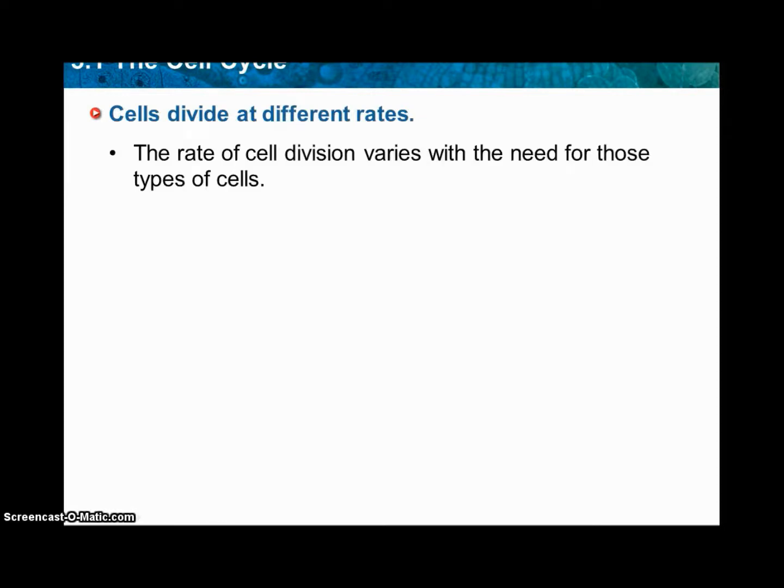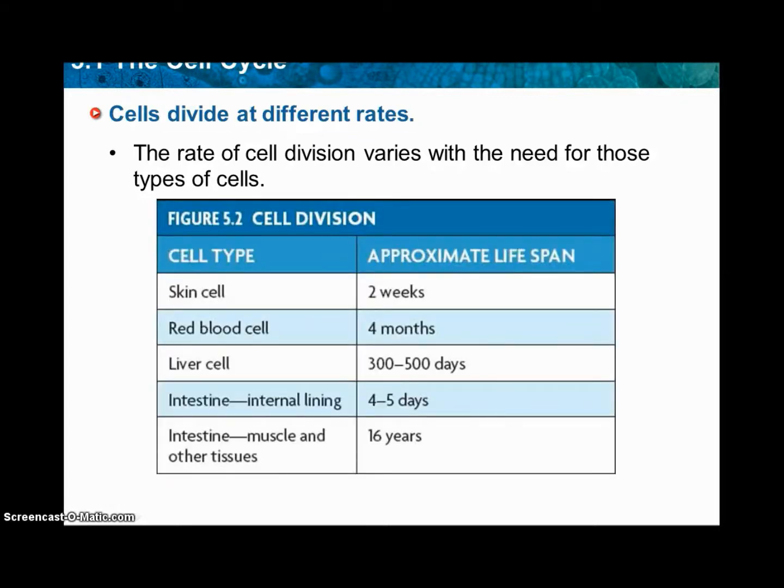So, different rates. Cells are all going to divide at different rates, and each type of cell has its own rate. So let's talk about these rates here. Here is a great diagram, also found in your book on page 128 if you need to look at it, about the cell's lifespan.